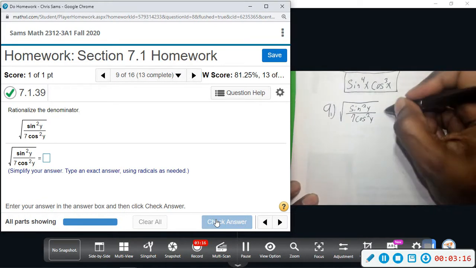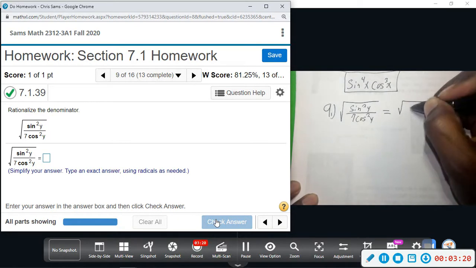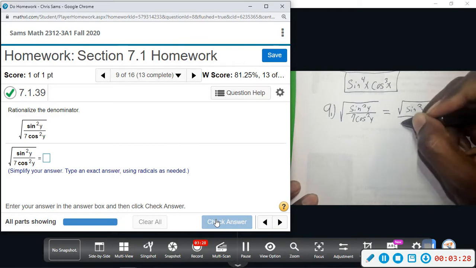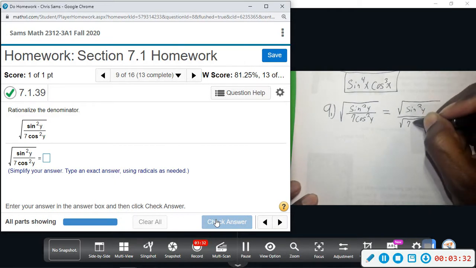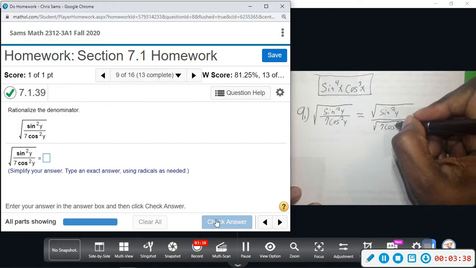First thing I would do is rewrite these with their own square roots: the square root of sine squared y divided by the square root of 7 cosine squared y.